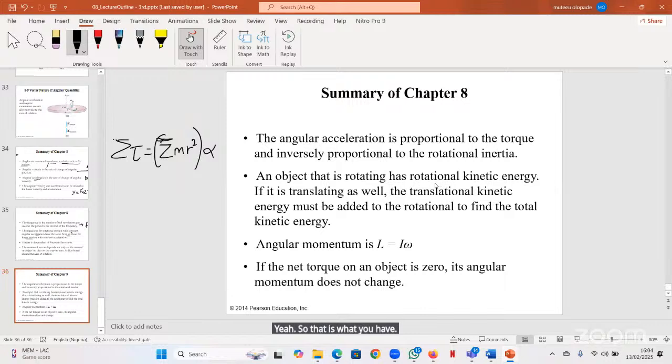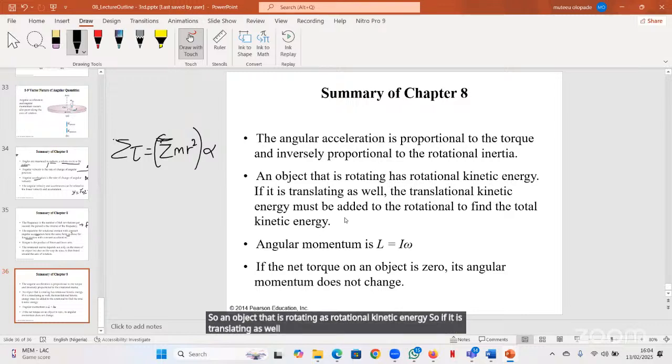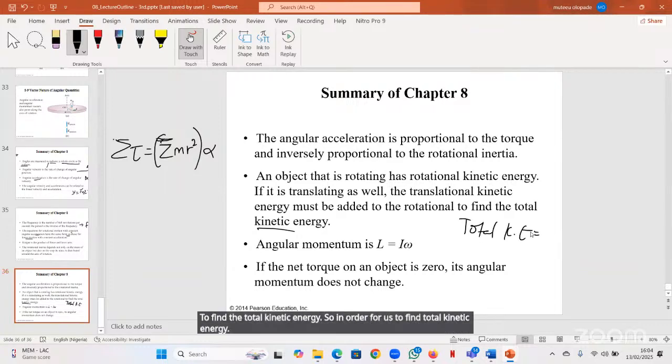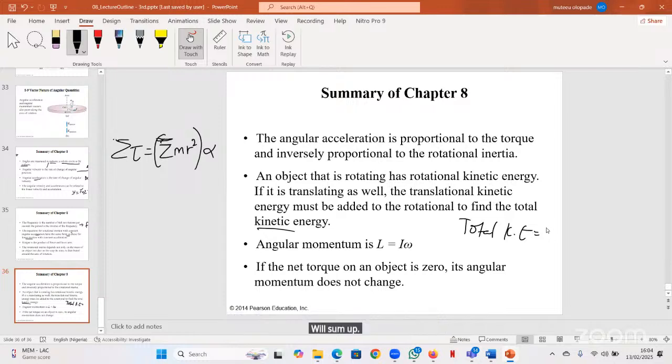So an object that is rotating has rotational kinetic energy. If it is translating as well, the translational kinetic energy must be added to the rotational to find the total kinetic energy. You have kinetic energy of rotation added to the kinetic energy of translation.